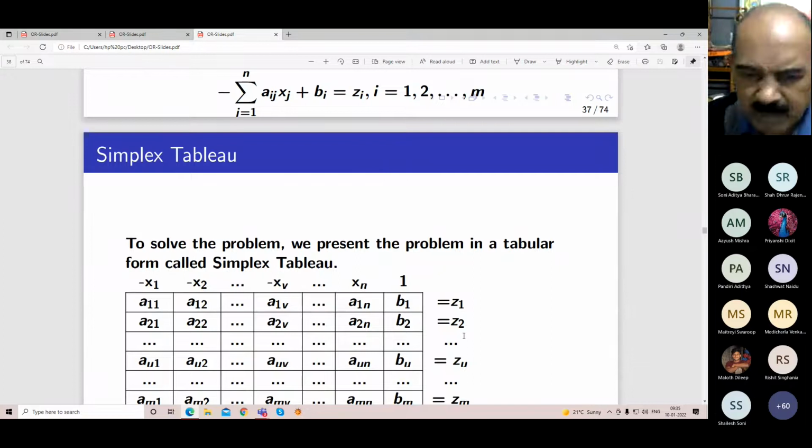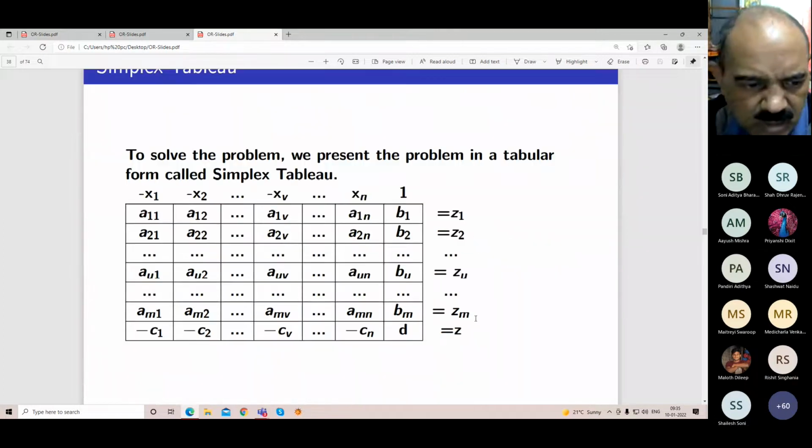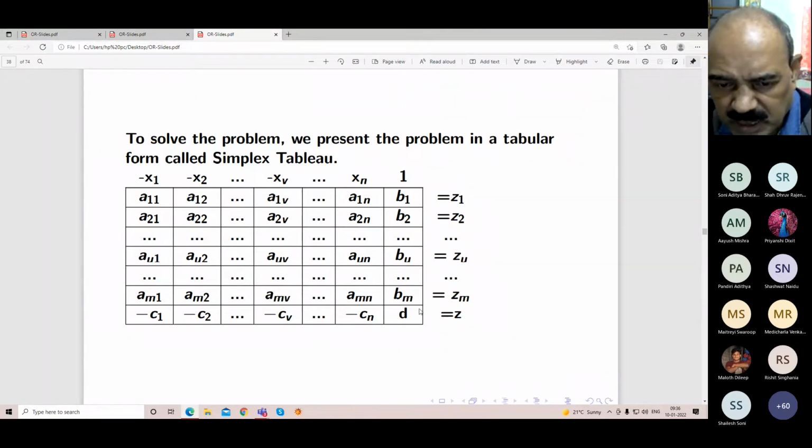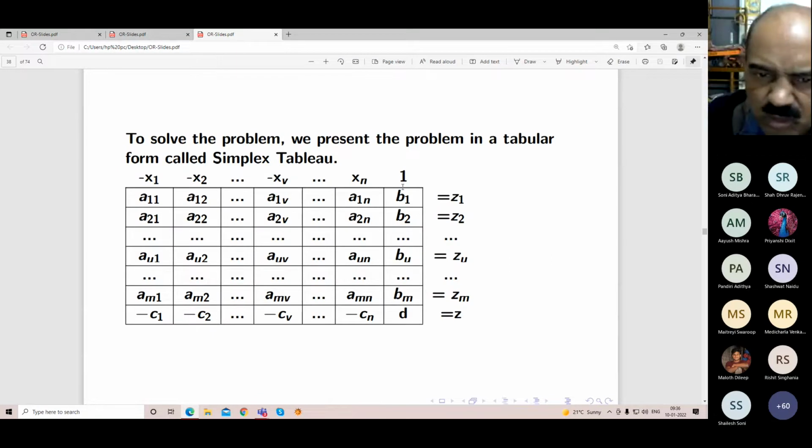In the same manner if you continue, the last row: am1 into minus x1, am2 into minus x2, and amn into minus xn, bm into 1 equal to zm.